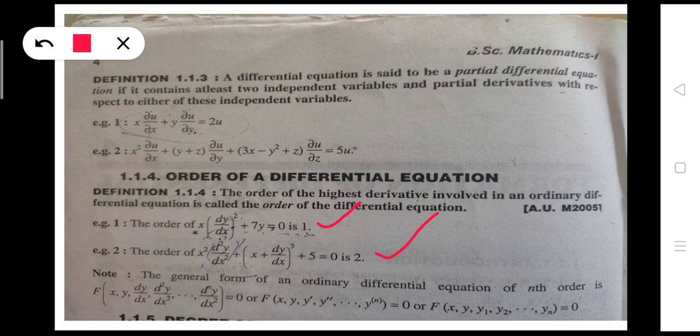We can write it as either of these three. So now continue to the next slide.